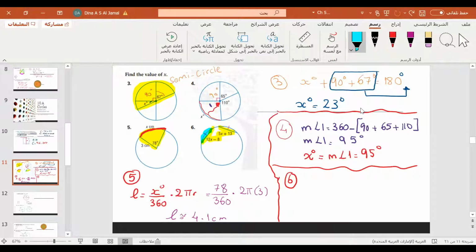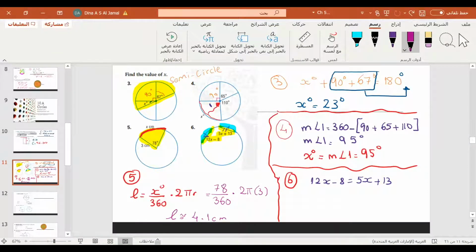This arc will be congruent to this arc. So, according to the relationship between the chord and the arc, whenever you are having two congruent arcs, that means the corresponding chords will also be congruent. And whenever I'm saying congruent, that means they will have the same measure. So you must make the first chord equal to the other chord. So 12x minus 8 equals 5x plus 13.